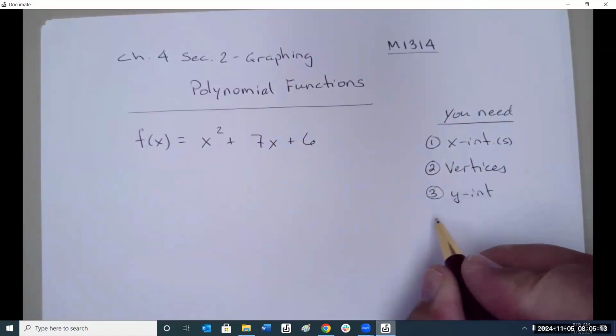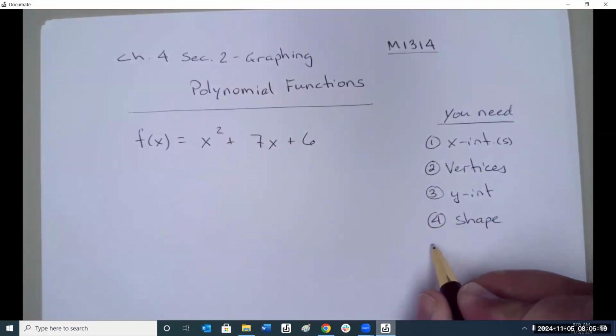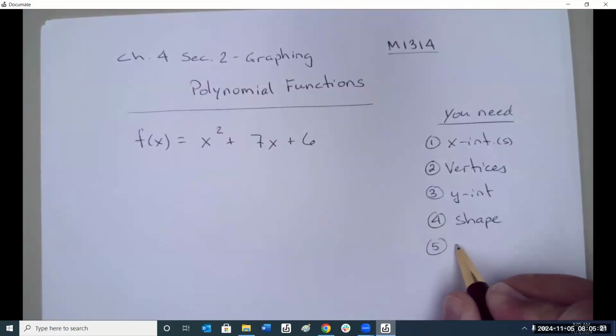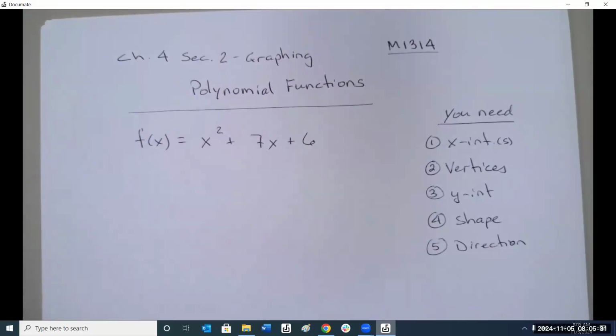You need to know the y-intercept, the shape, and the direction of the graph. We're going to look for rough approximations because in order to find the exact graph, we have to have a whole bunch of points.